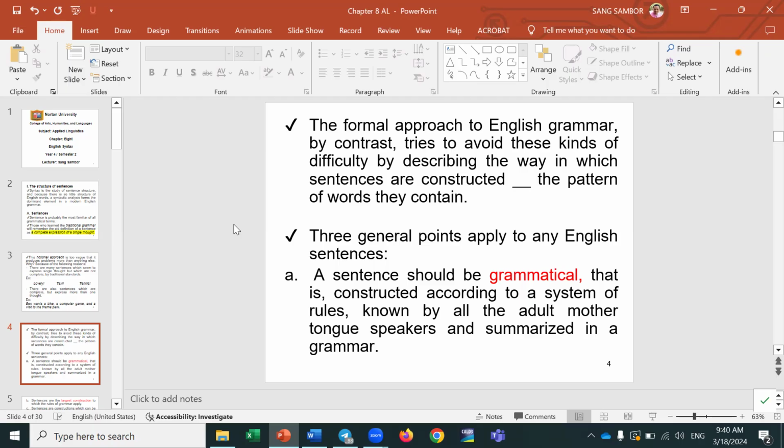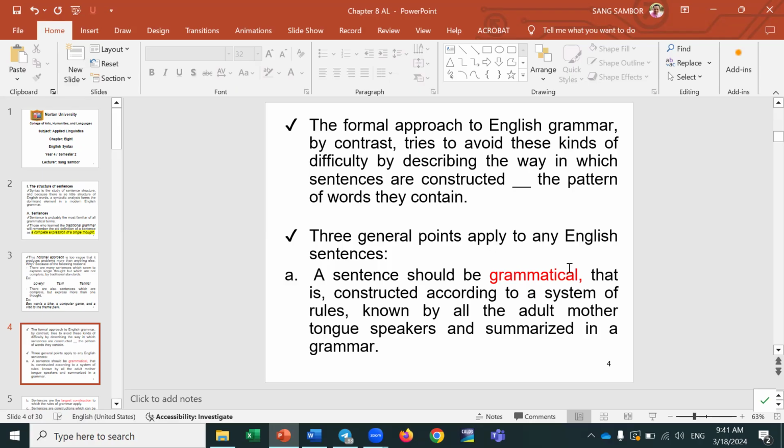So in order to avoid confusion on how the sentence was defined in the past, the formal approach to English grammar tries to avoid this kind of problem by telling you exactly the way the sentence is constructed in the English language, by following patterns of words. Okay, so you may have one proper subject, you may have one proper verb, the subject agrees with the verb, and the sentence must also express a complete thought as well.